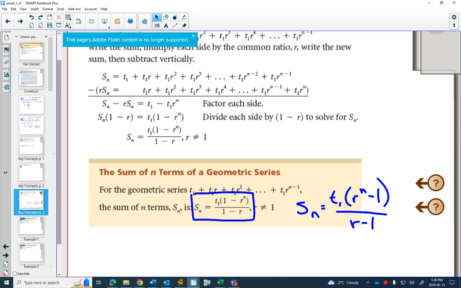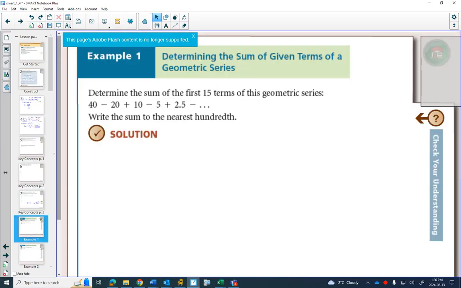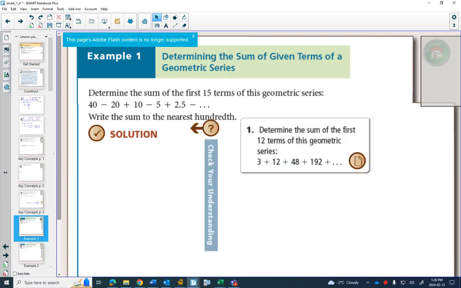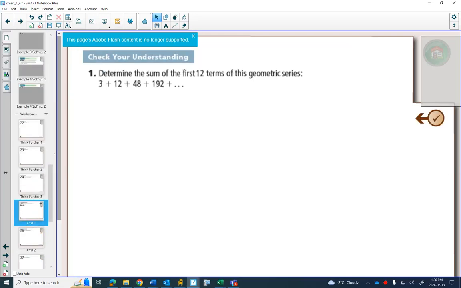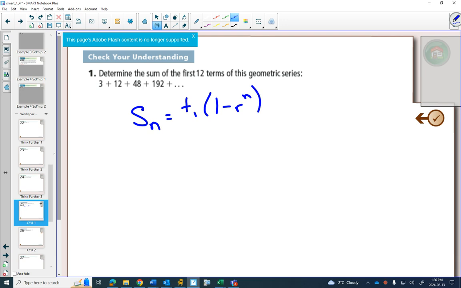So with that idea, we have this formula. We can now answer some questions. So here's question number 1. Determine the sum of the first 12 terms in this geometric series. So you would go to your formula sheet and you would write out your formula, and then we want to find the sum of the first 12.